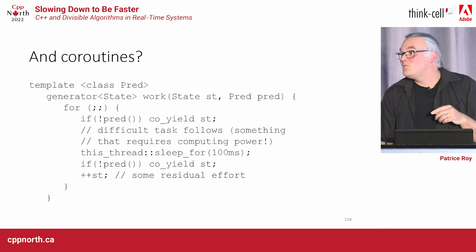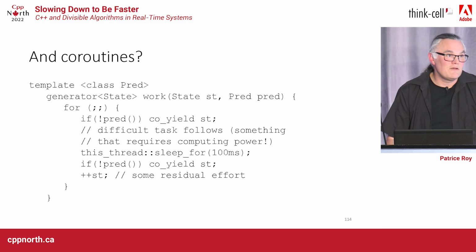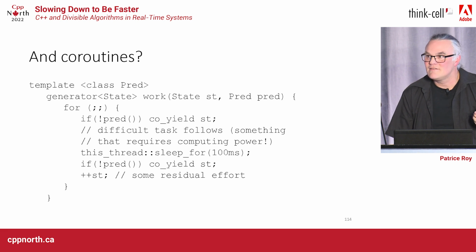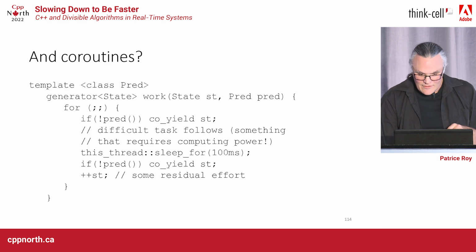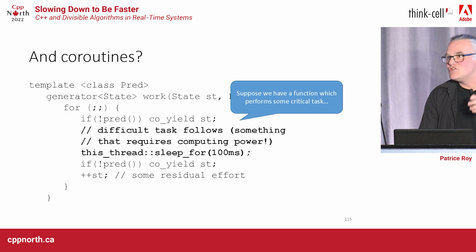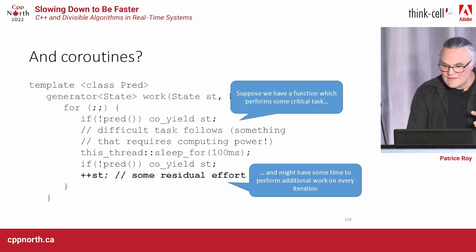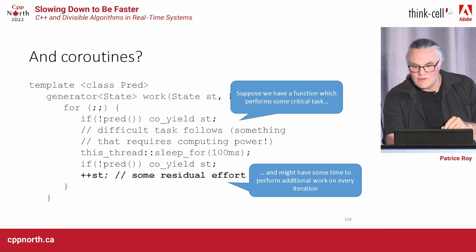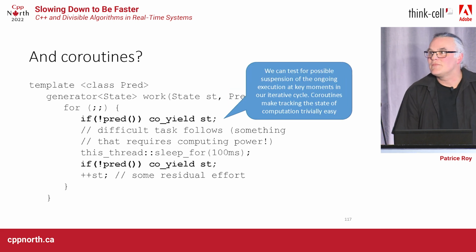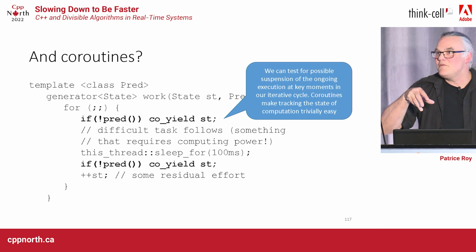If I could pass a new predicate every time, that would be cool, but it wouldn't be a coroutine in this case. Am I making sense? I'm hoping, at least. So something like this, this is kind of a joke, of course. And this is the quote-quote effort. The problem is there. So when I'm going to resume, the predicate will be the same, but the time will be different.